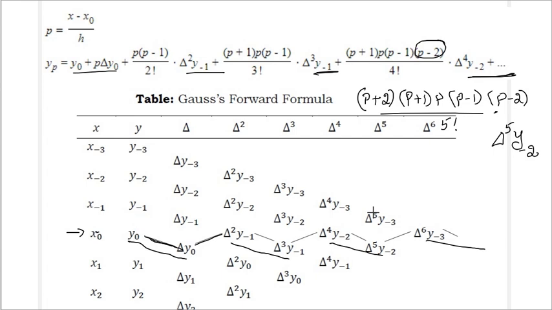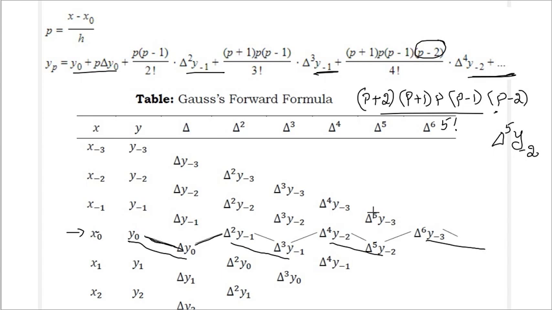Okay, so here itself let us look at the backward interpolation formula also, Gauss backward interpolation formula. So in the backward, the first step you take backward, like y naught and p into delta y minus 1 we will take.